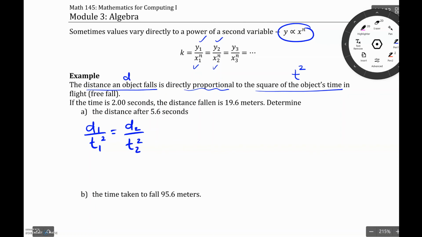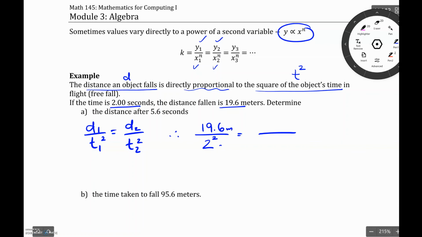Now, how do we solve an equation now? It says if the time is 2 seconds when the distance is 19.6, so this is our t1 and d1. We could say therefore this 2 seconds is our time, so we're going to have 2 squared, and our d is 19.6 meters.